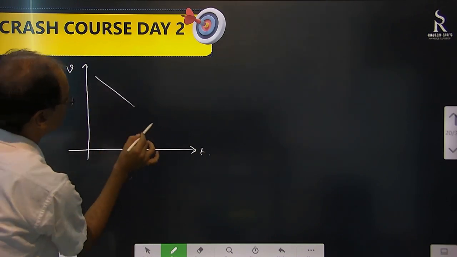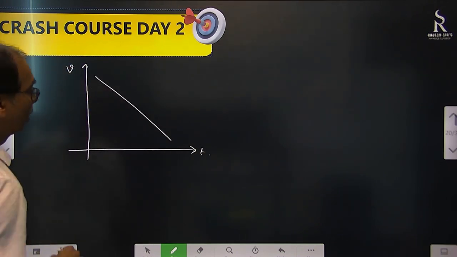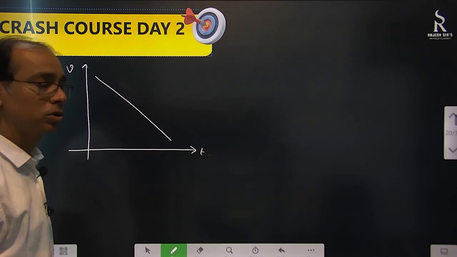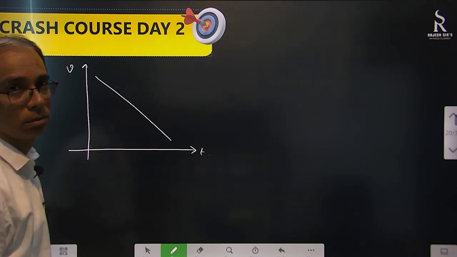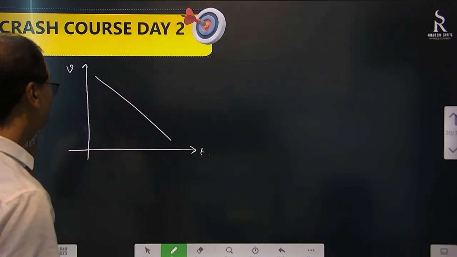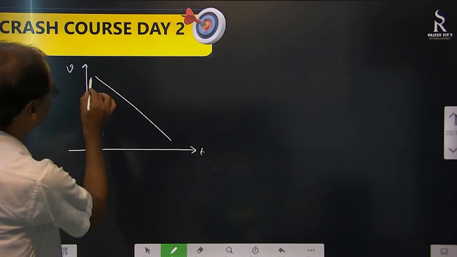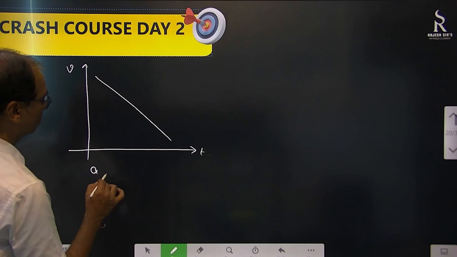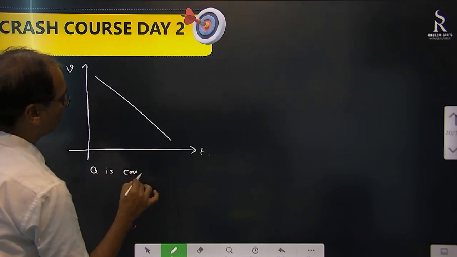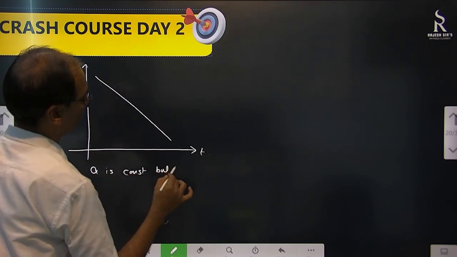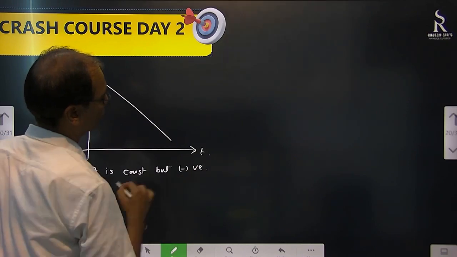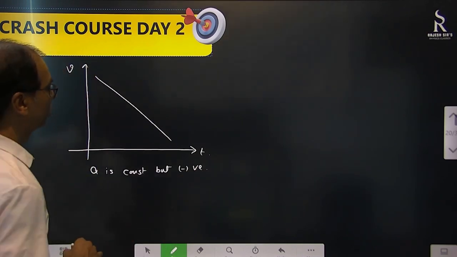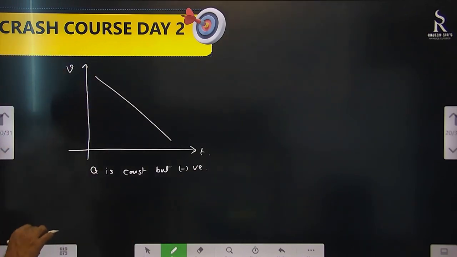Again a constant slope, but the slope is negative, and the velocity you can see is obviously decreasing. So acceleration is constant but negative.